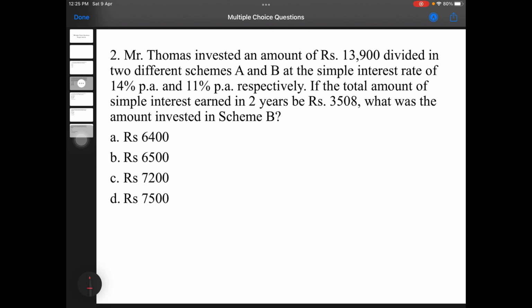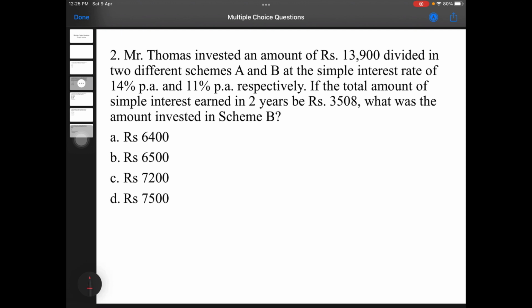That means he is getting simple interest of 14% per annum in Scheme A and 11% per annum in Scheme B. The total simple interest he earned from both Scheme A and Scheme B in 2 years is 3,508. So what was the amount invested in Scheme B? The given options are option A 6,400, option B 6,500, option C 7,200, option D 7,500.